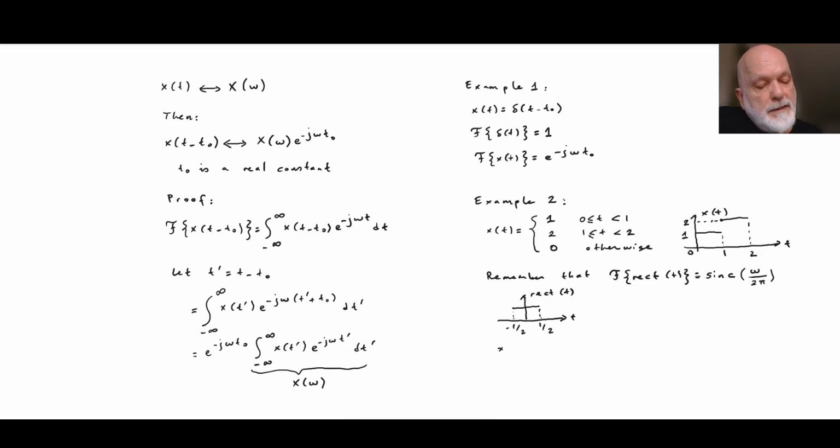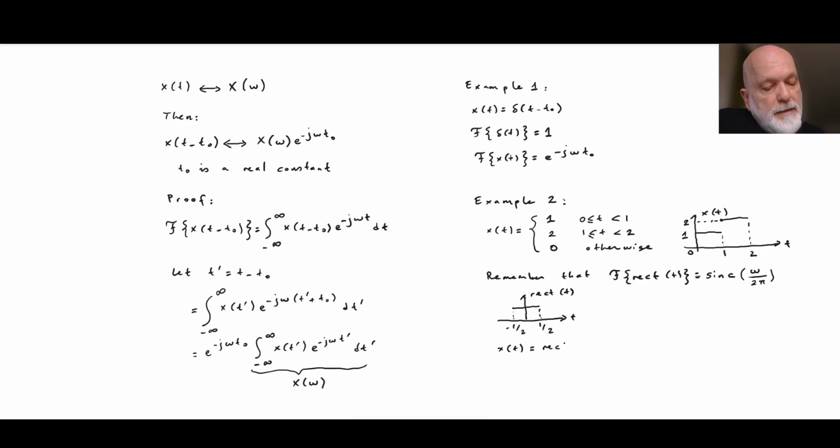Consider the part between 0 and 1. It is in fact rect t shifted by 1 over 2.